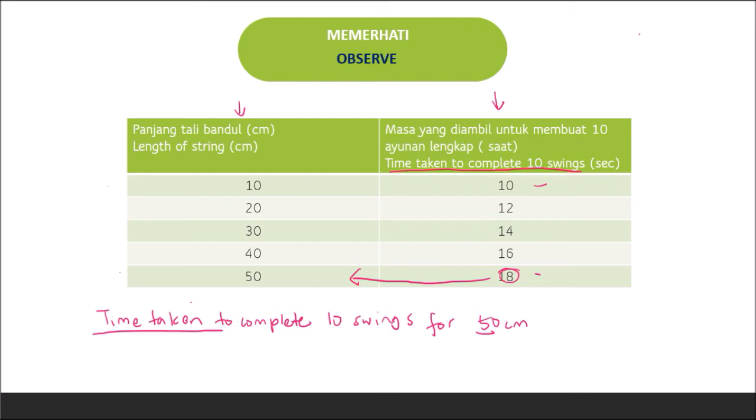This is the length of string, the manipulated variable. Time taken to complete 10 swings for 50 centimeter string length.